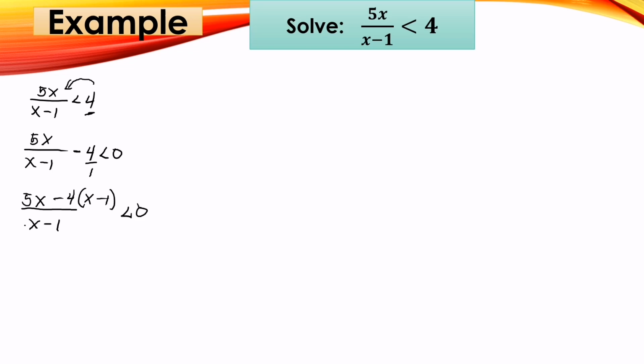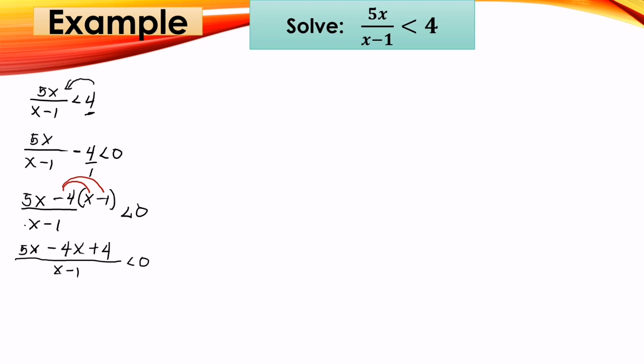Next, simplify. So, bring down 5x. Negative 4 times x is negative 4x. Negative 4 times negative 1 is positive 4, all over x minus 1 is less than 0.